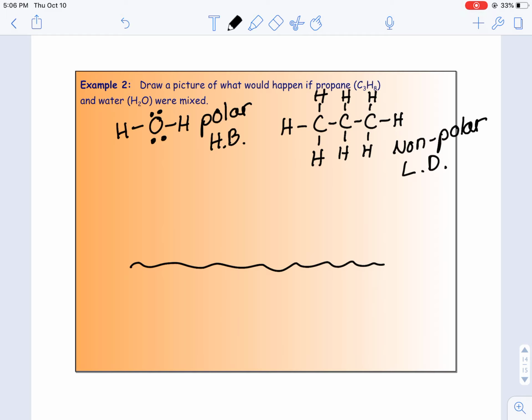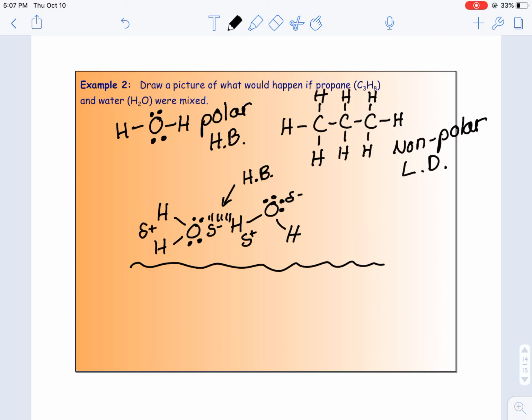So you need to show that the two things are going to stay separate and show the intermolecular forces that you would have in between the molecules, but in two separate layers. So in one layer, you would have the water. The oxygen and hydrogen would line up, because remember, polar things are going to have partial charges.